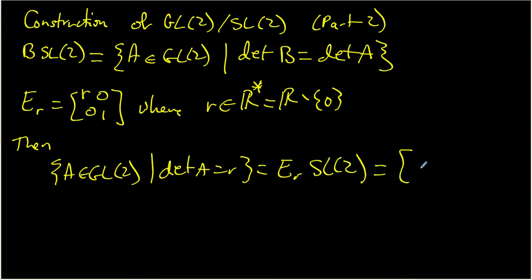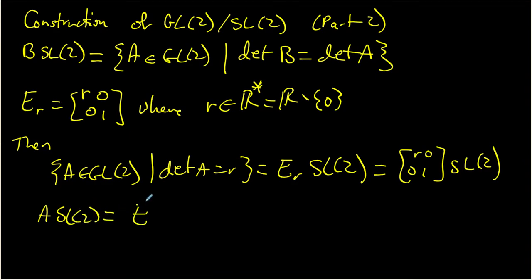We might also want to write that as [R 0; 0 1] times SL2. And so the other thing that it's worth remembering from the previous video is that A times SL2 will equal E_R times SL2 if and only if the determinant of A winds up being the determinant of E_R, which is R.